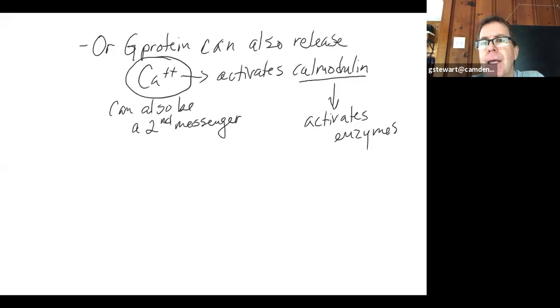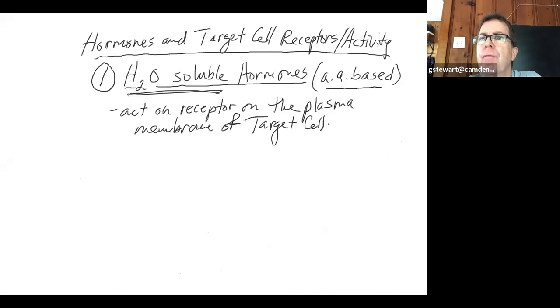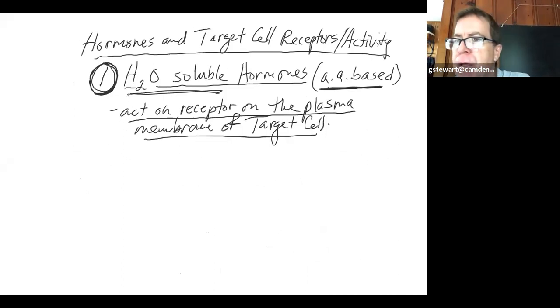All right, that's going to take care of that. I should go back two boards here. Number 1, that's how water-soluble hormones behave. They're amino acid based. They act on a receptor on the plasma membrane of the target cell. Why? Because they are water-soluble, and they can't enter the cell.